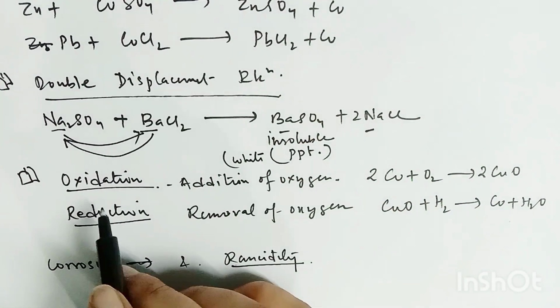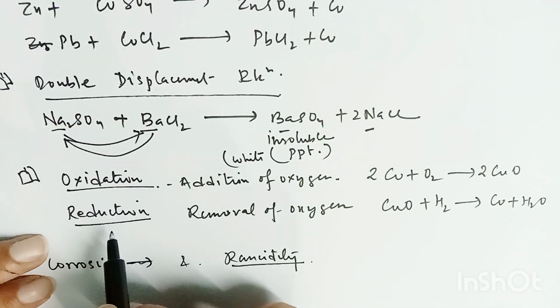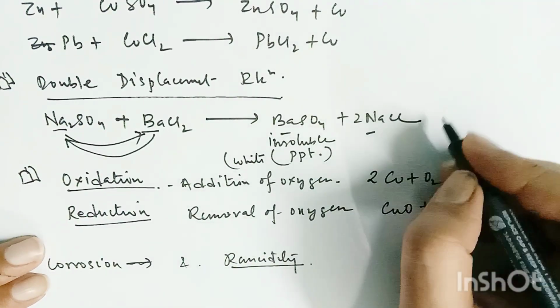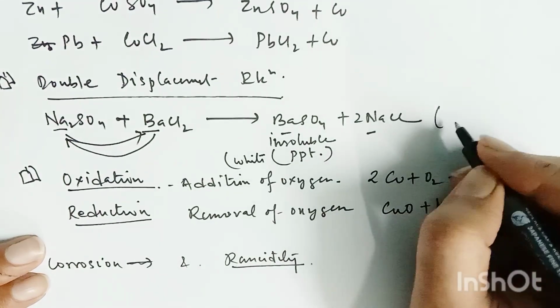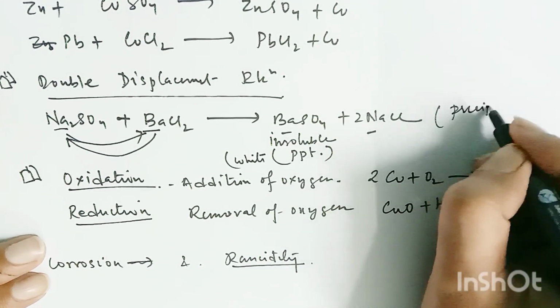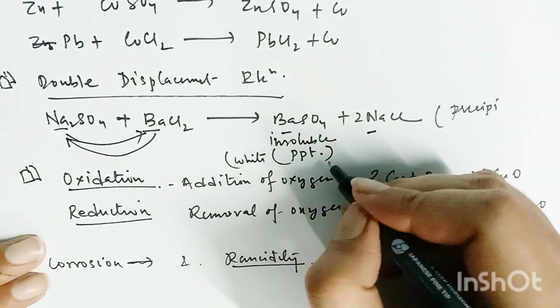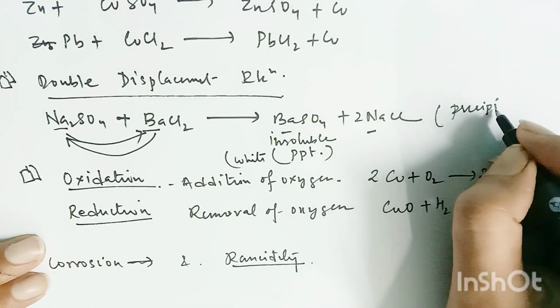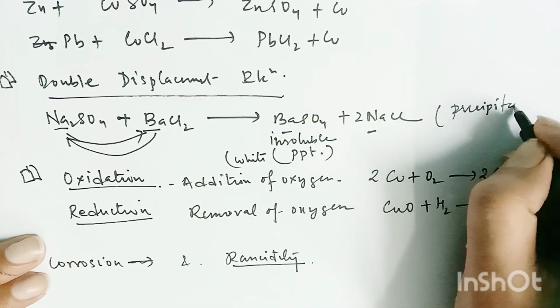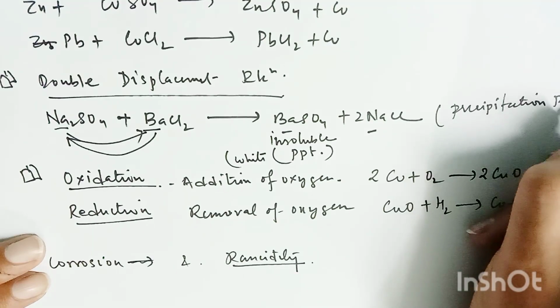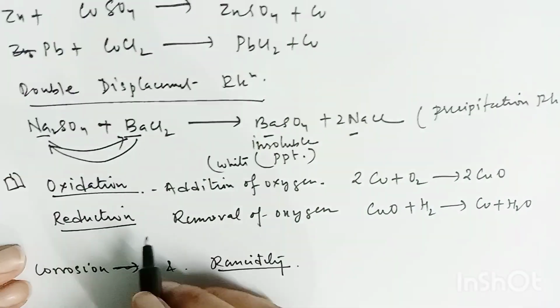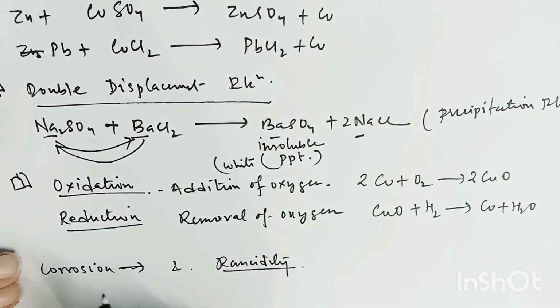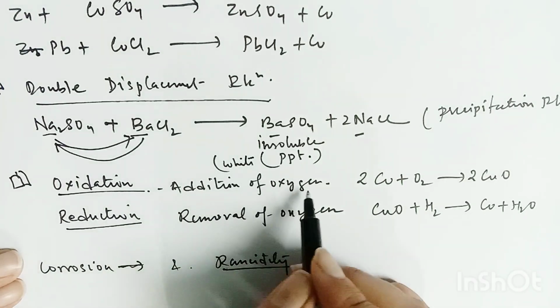Next is oxidation and reduction reaction. One more thing, the previous reaction can also be called, since PPT is formed, a precipitation reaction. PPT means precipitate. Now what is oxidation and reduction? Oxidation is addition of oxygen.